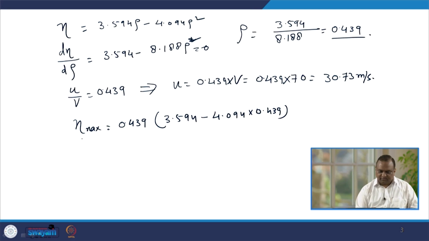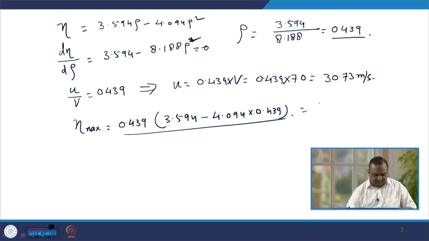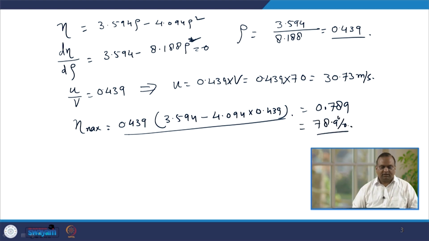And now from here we can get the maximum efficiency, and the maximum efficiency is 0.789. We multiply it by 100, we will get 78.9%. That is the maximum efficiency. Okay. So, this one we have already calculated.